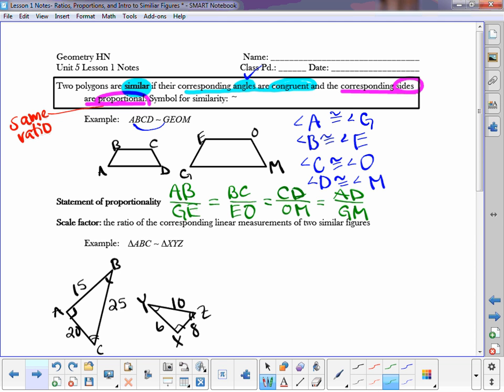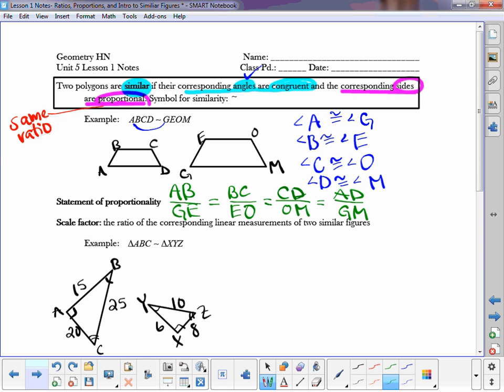So, if you're given something, and then asked to prove AB over GE is BC over EO, would you have to go through and prove how the two figures are similar? Yes.